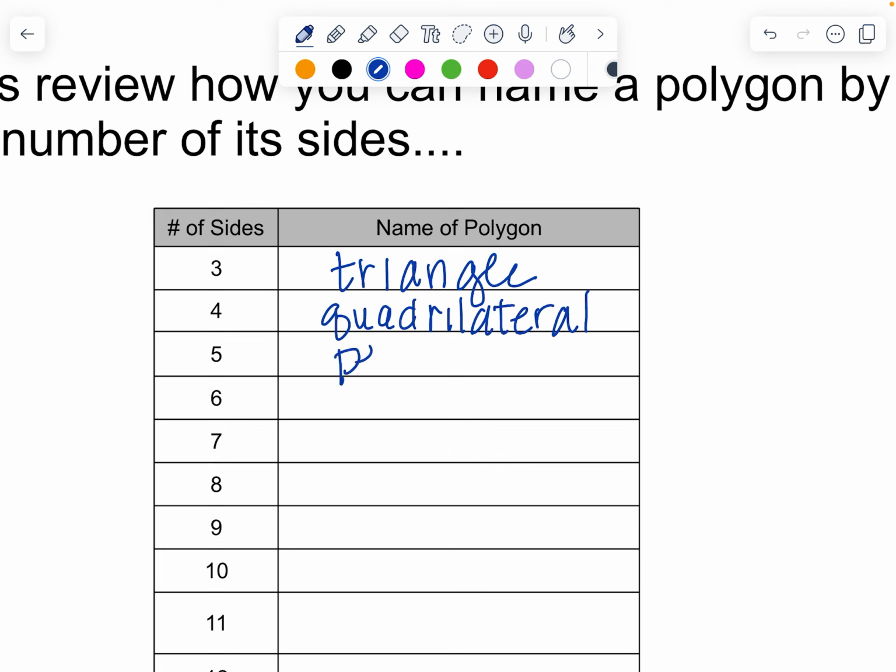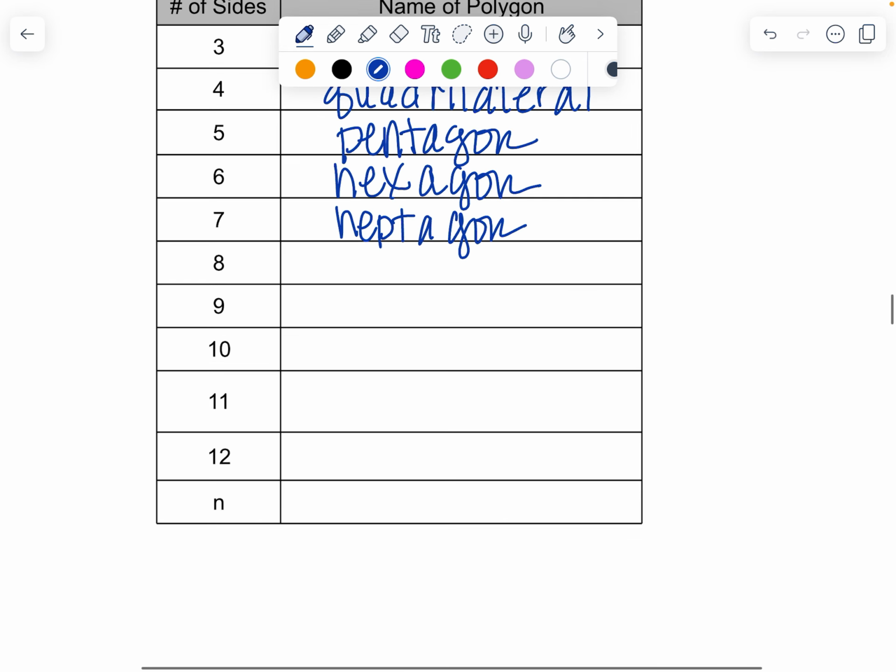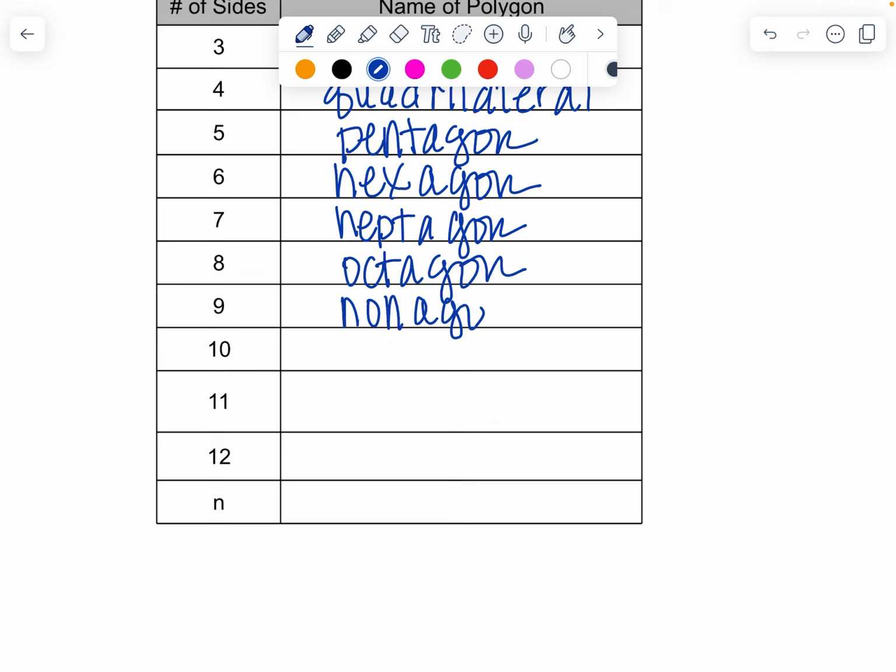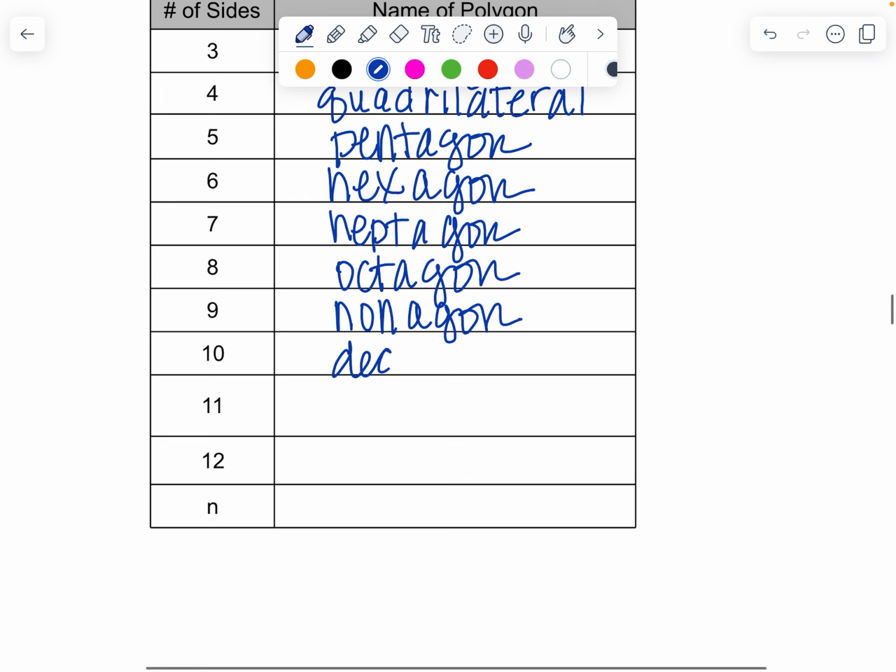5-sided figure, pentagon. Then we already saw a hexagon today. 7 sides is a heptagon, sometimes called a septagon too, but we call it a heptagon here. 8 is octagon. 9 is nonagon. 10 is decagon.